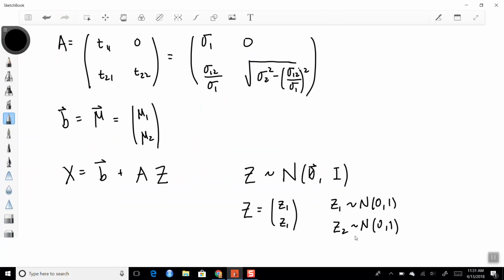All right, is that okay? So if we do this, we should now be able to generate our values accordingly with R.